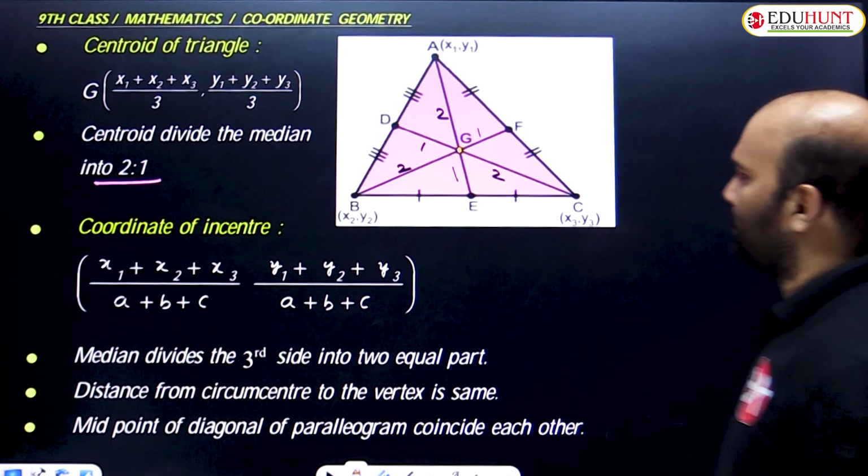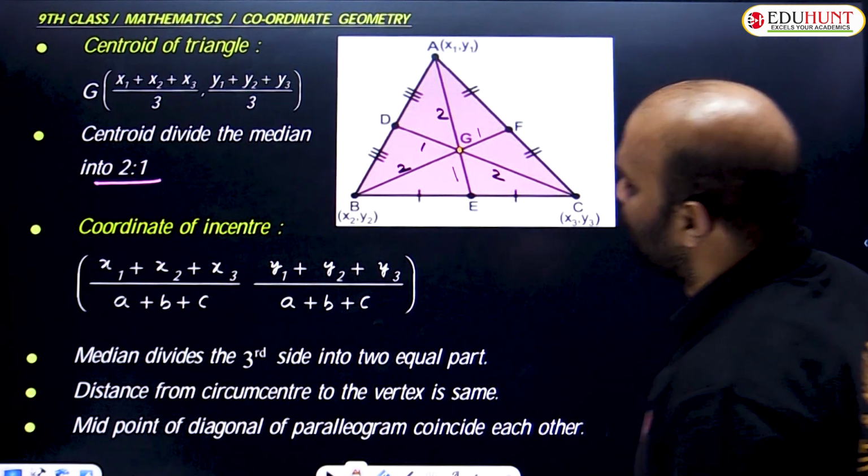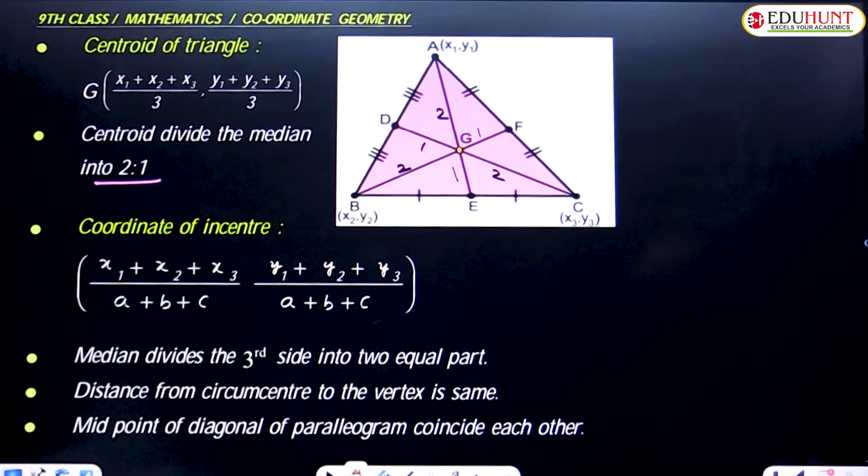Coordinates of the in-center. The formula for the coordinates of the in-center is x1 plus x2 plus x3 whole by a plus b plus c.